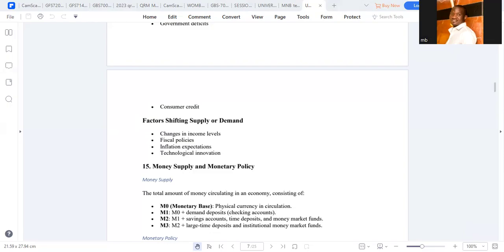Some of the factors are changes in income levels. Income levels will directly influence the amount of funds available for saving and subsequently the supply of loanable funds. Also, the other factor is what? Fiscal policies, inflation expectations, technological innovations.